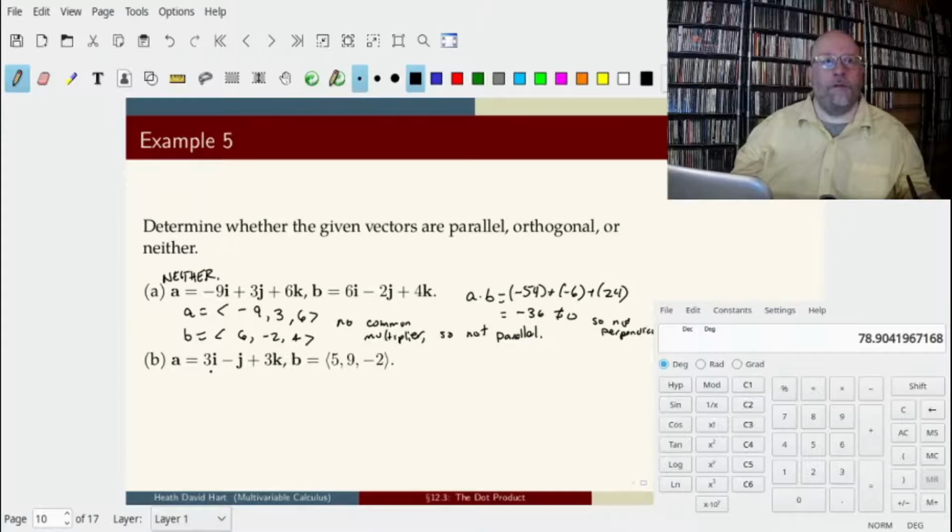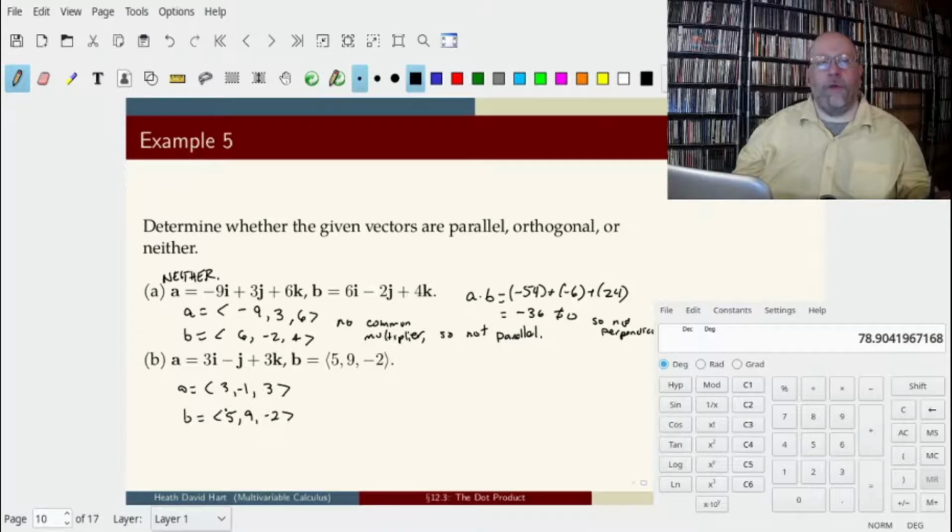So then let's look at the two vectors in part B. A is 3, 1, -1 and 3. And B is 5, 9, and -2. All right, again, there's not a common multiplier because the z-coordinate changes signs, but the x-coordinate does not.